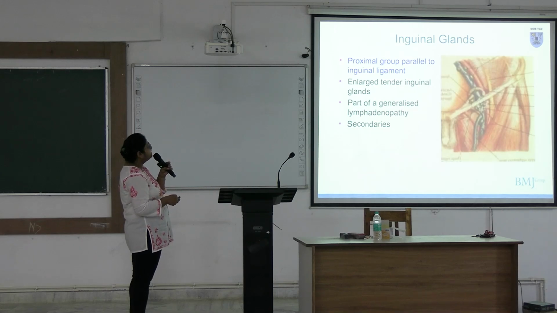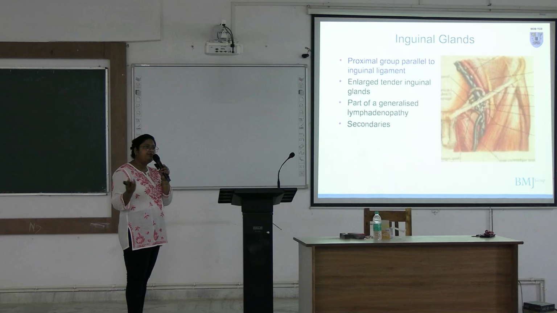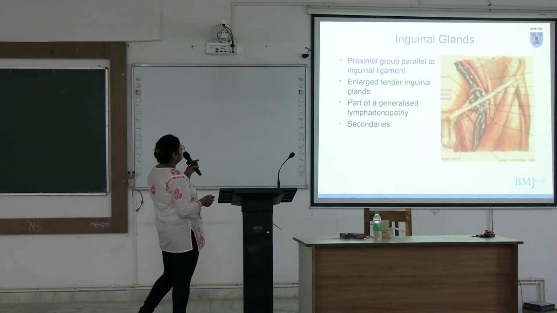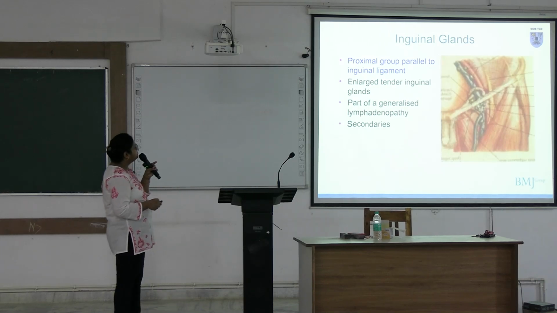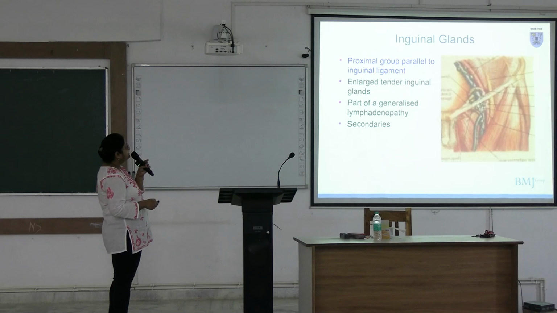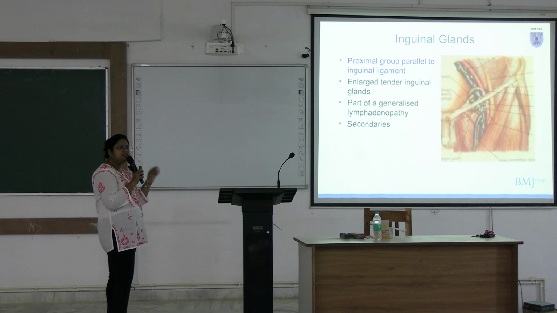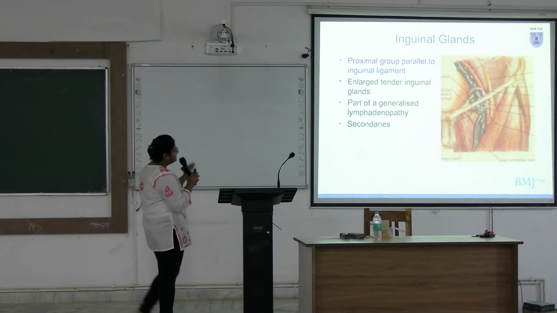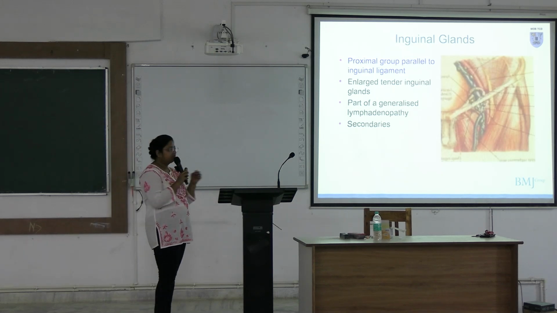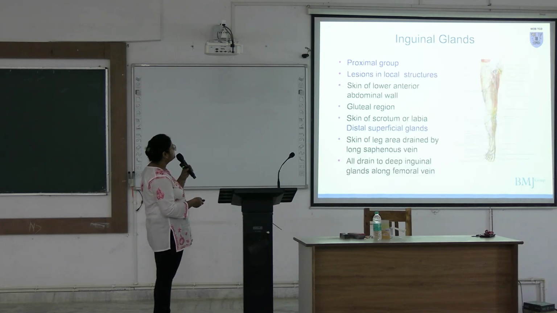Next, other things are inguinal glands. Inguinal glands are lymph nodes. Proximal group lies parallel to the inguinal ligament. These are enlarged tender inguinal glands. These glands are enlarged during generalized lymphadenopathy, like in tuberculosis, and secondary deposits can occur also in other diseases.